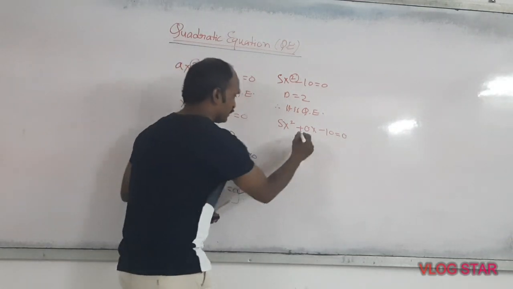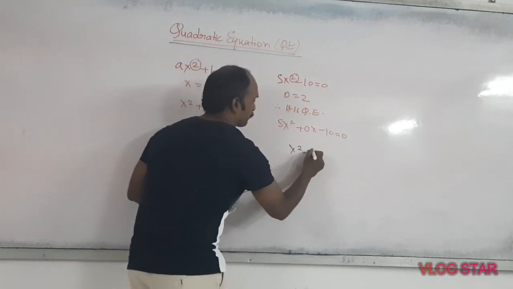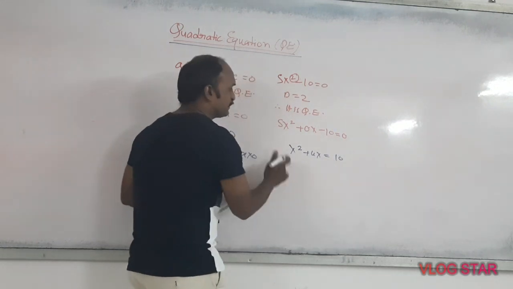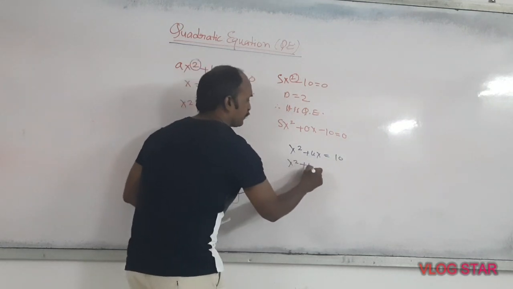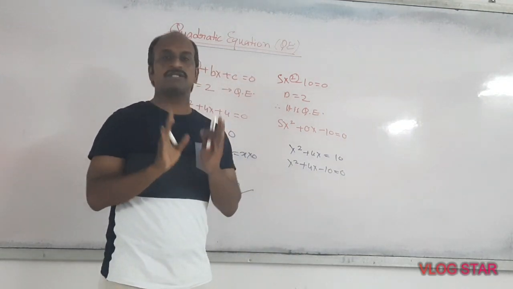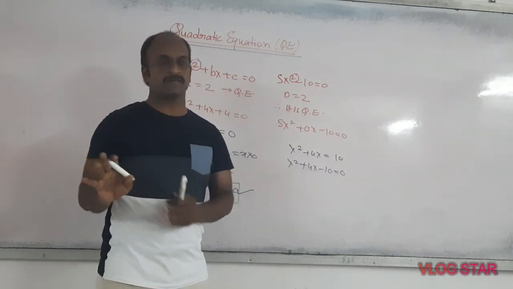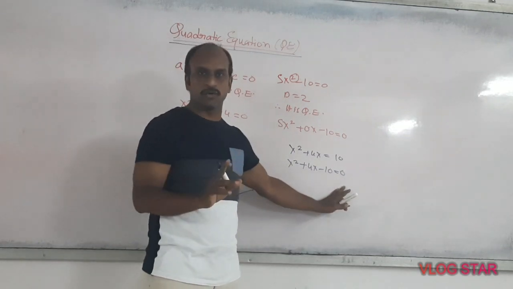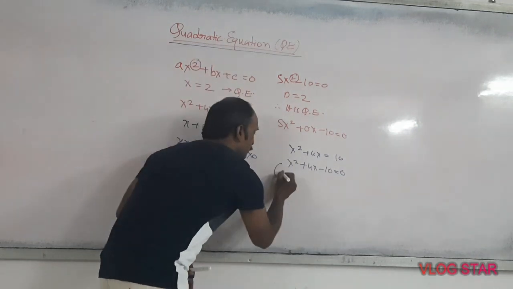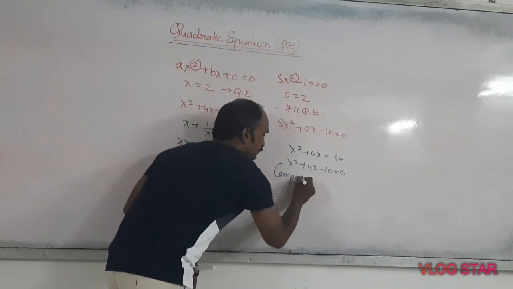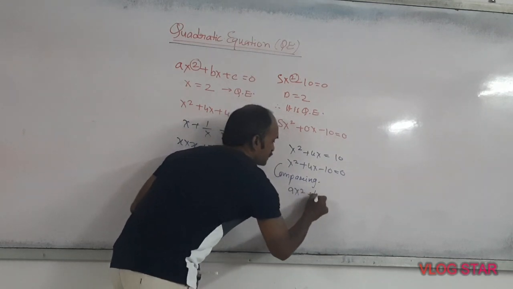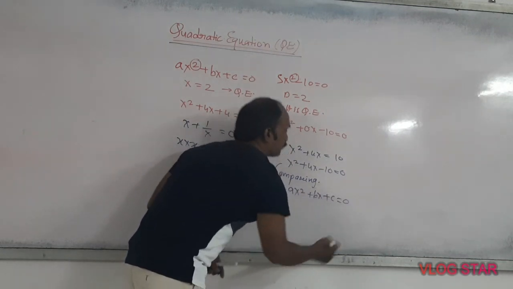For example, if you look at this, x square plus 4x is equal to 10. We can transform this into the form of a quadratic equation, that is, minus 10. We have to remember everything should be on the left hand side and the right hand side should be 0. Now this is the standard form of a quadratic equation. We can compare this with the standard form ax square plus bx plus c is equal to 0.